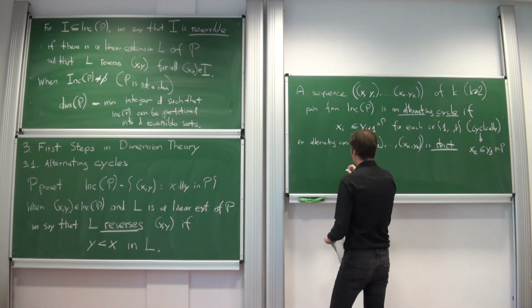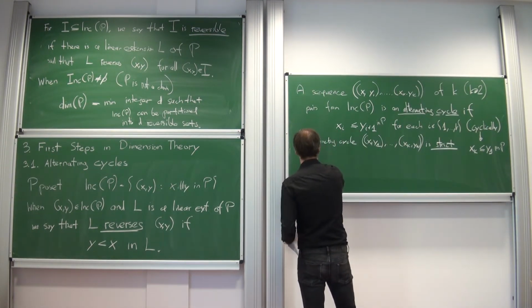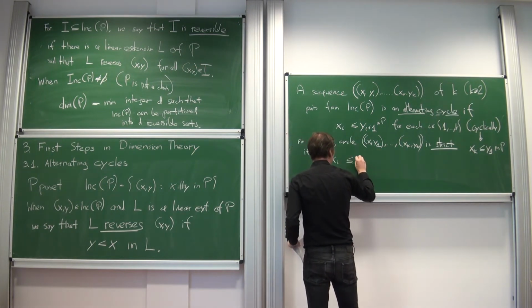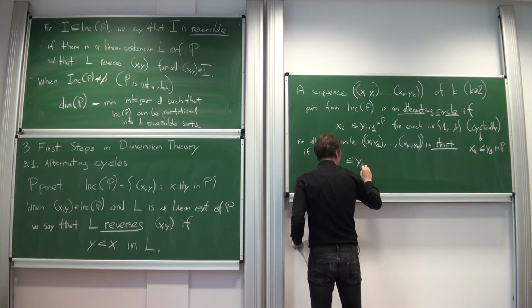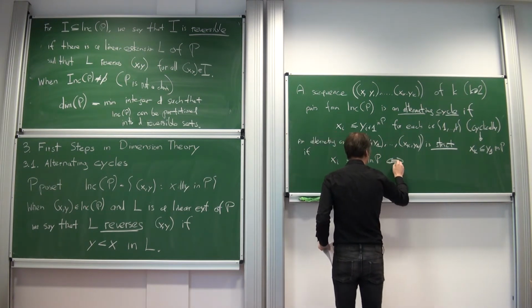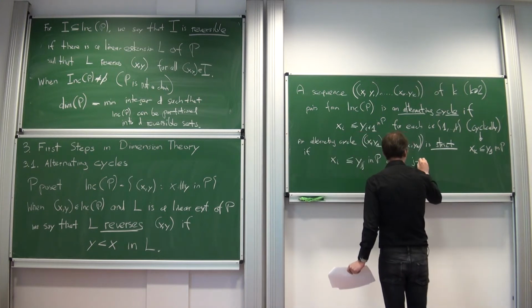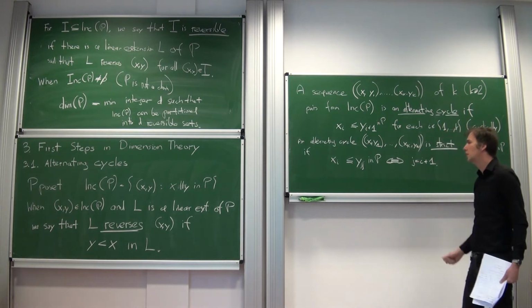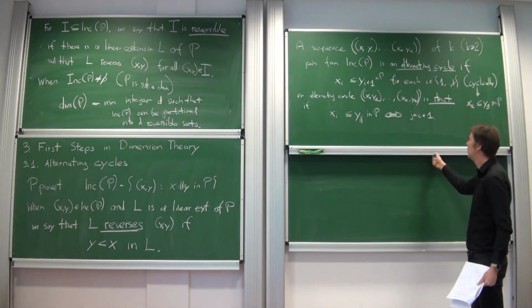So if xi is less or equal yj in P holds if and only if j is equal to i plus 1. Okay. So now let's put some drawings.